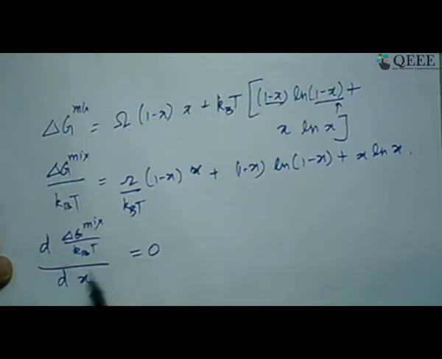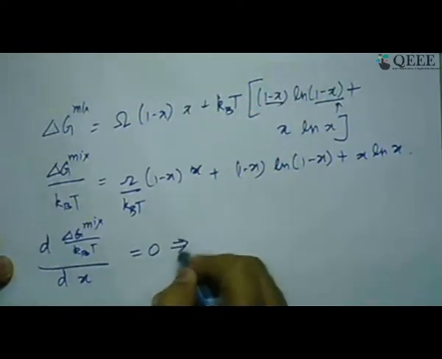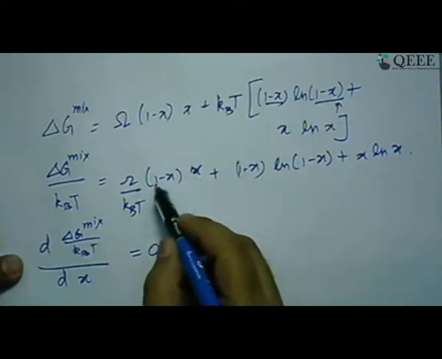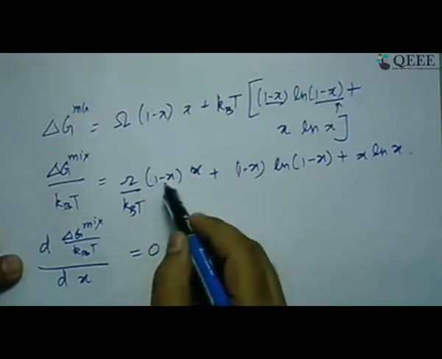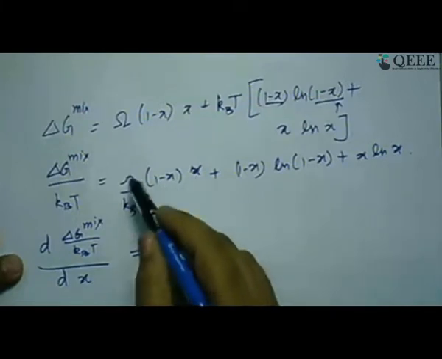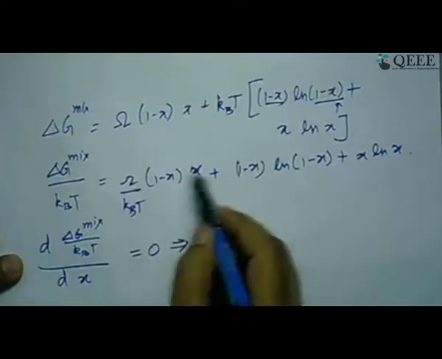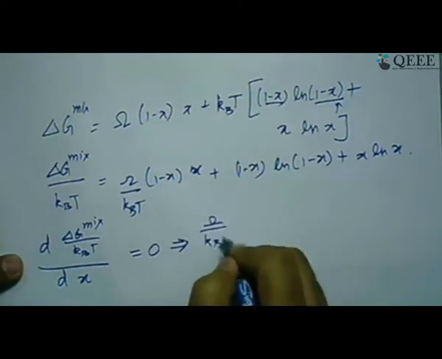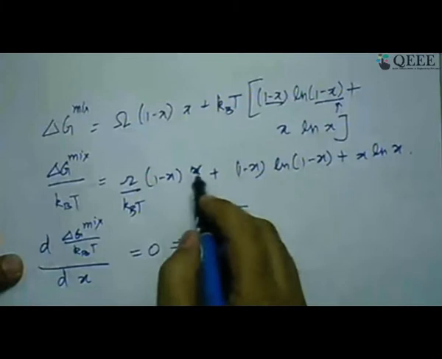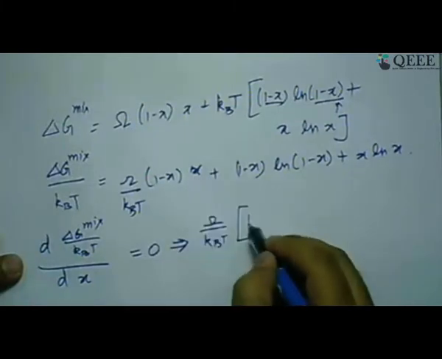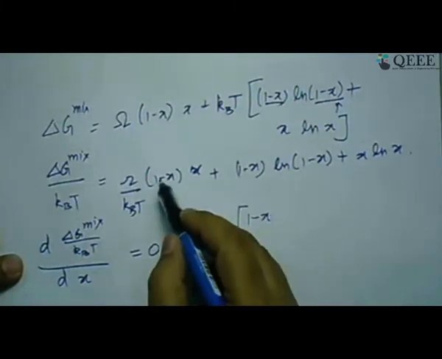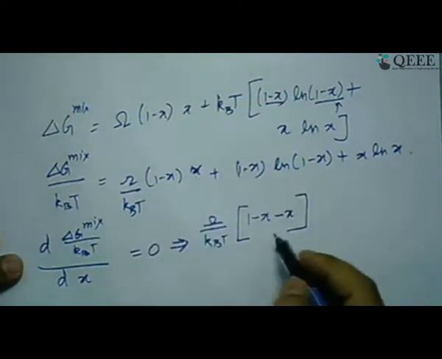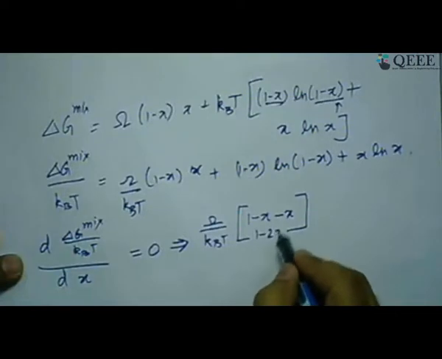So what does that mean? When you differentiate the first term, you get omega by kBT times (1 minus x) and minus x, so that becomes 1 minus 2x basically.